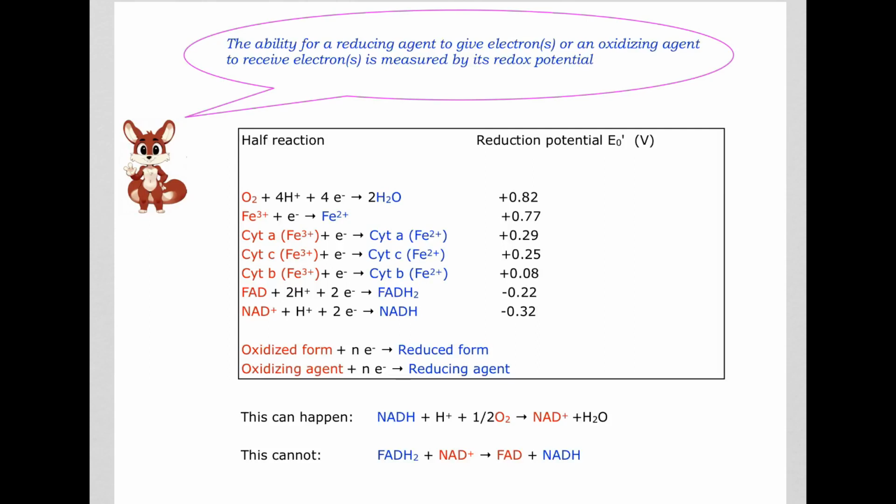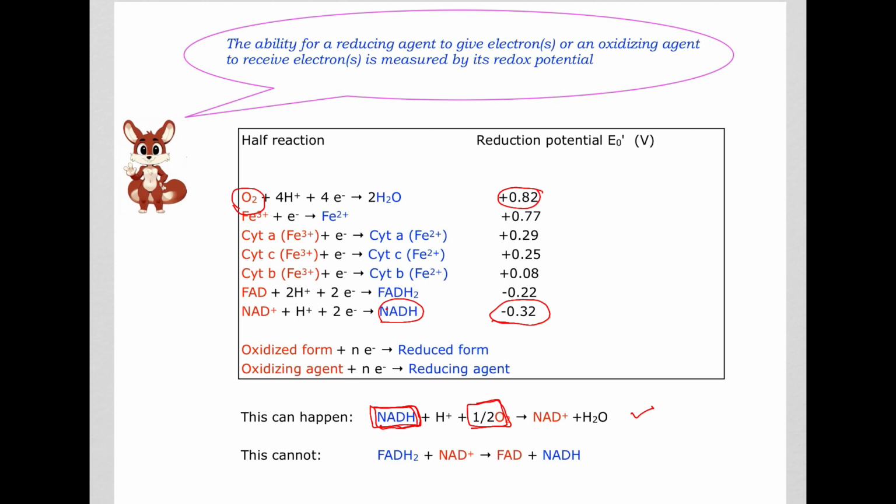Let's look at these two reactions to understand how reduction potentials are applied. In the first reaction, we are reacting NADH, the reduced form of NAD, with oxygen. Now if you look at this table, NADH has a minus 0.32 reduction potential, while oxygen has a plus 0.82 reduction potential.